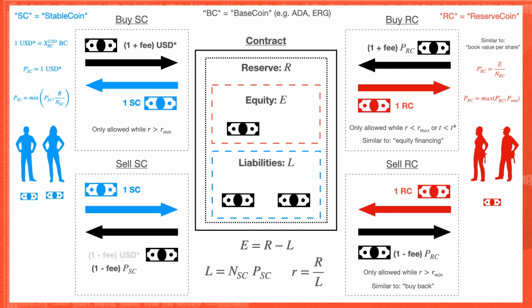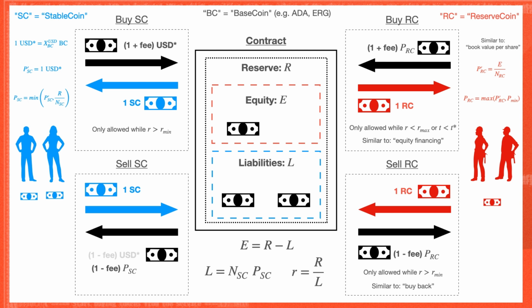That's why we only allow buying reserve coins when the reserve ratio is lower than a maximum reserve ratio threshold. With one exception: if the time is smaller than a certain specified time, a parameter of the protocol, then you can also buy reserve coins. That's to provide the initial reserves to the contract right after the stablecoin contract is deployed.